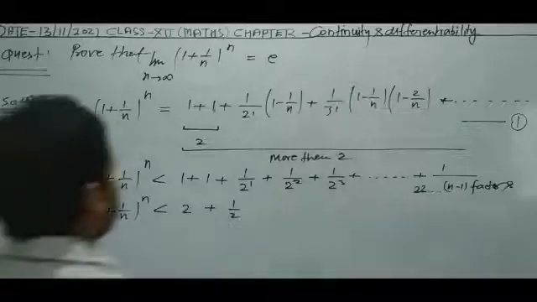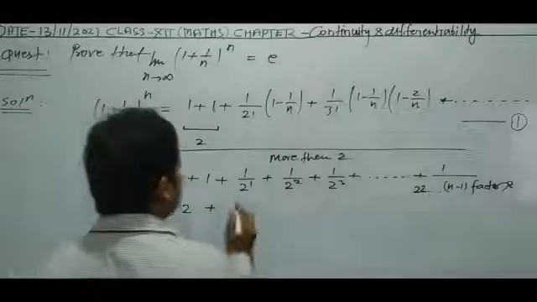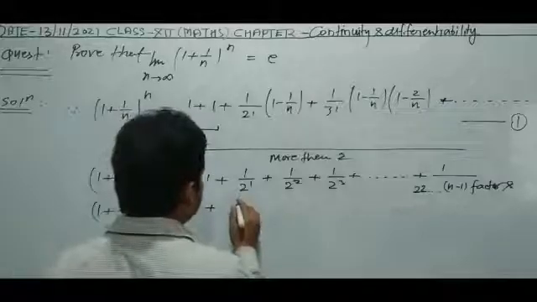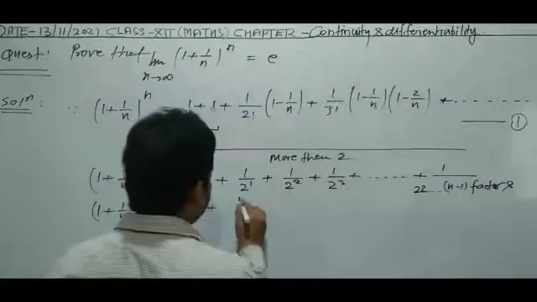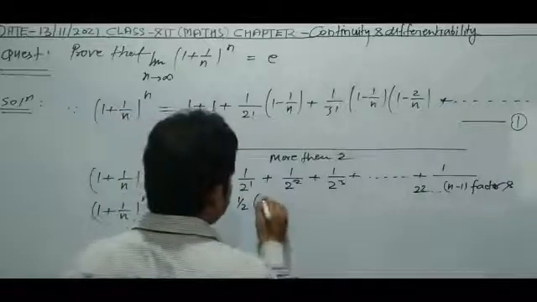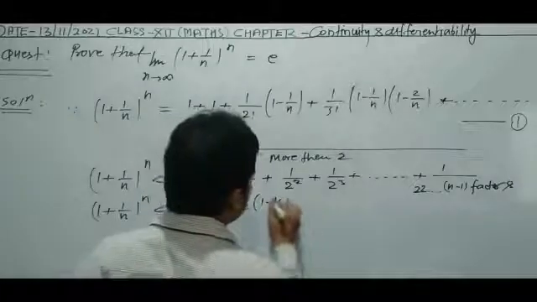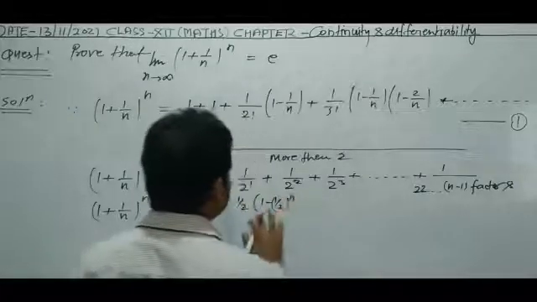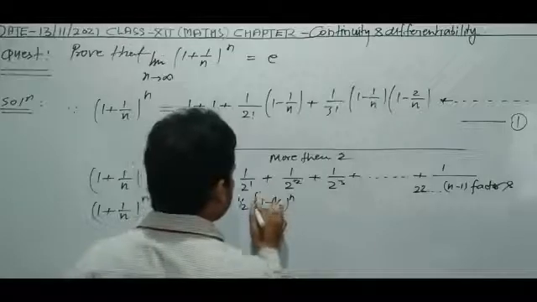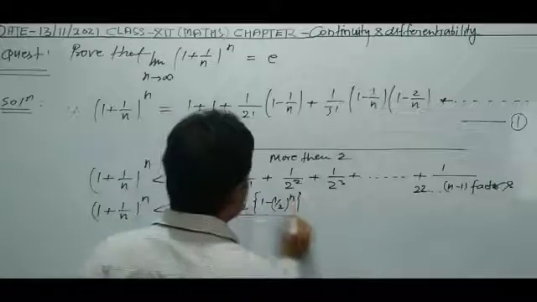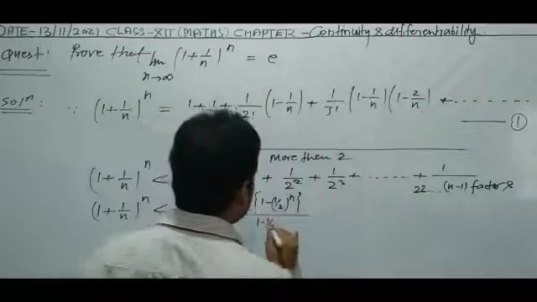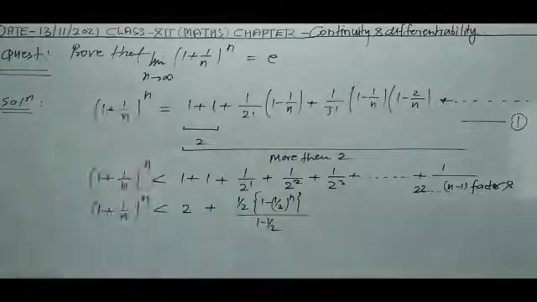The common ratio R is 1 by 2, so a times (1 minus R to the power n) upon 1 minus R, that is 1 minus 1 by 2 to the power n whole upon 1 minus 1 by 2.